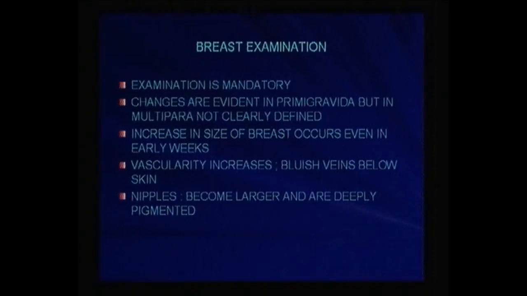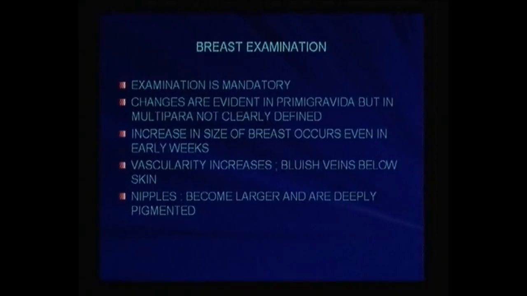The changes of pregnancy are evident in a primigravida, but in a multipara they are not clearly defined. Increase in the size of the breast occurs even in the early weeks. Vascularity increases, and this vascularity is seen as increased bluish veins below the skin of the breasts.